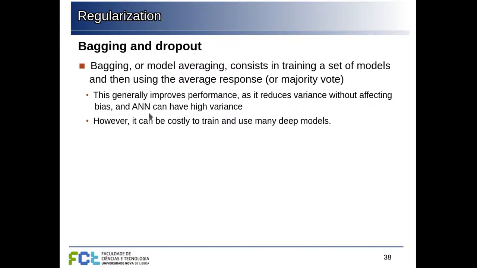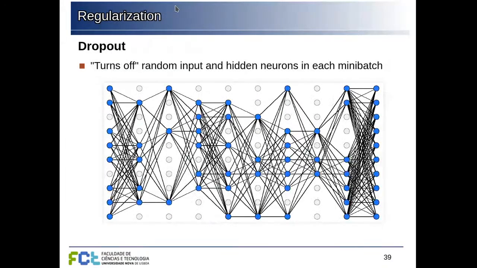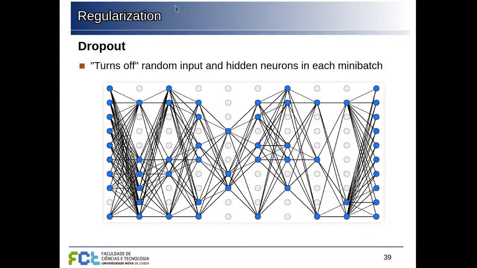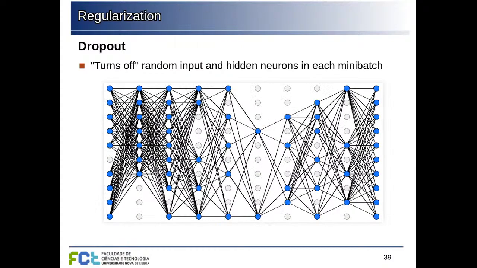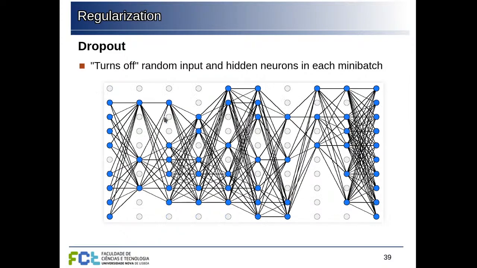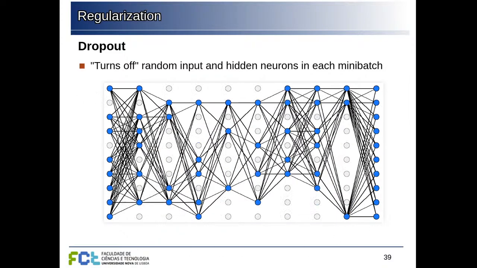In bagging, we explicitly train different models. In dropout, what we are doing is, during training, we are randomly switching off some of the neurons in each layer. So this works best with dense layers.